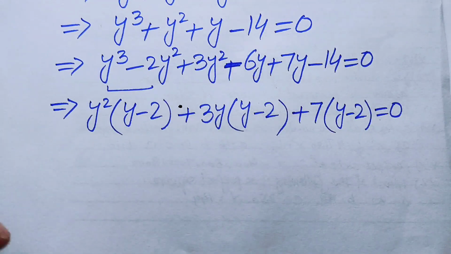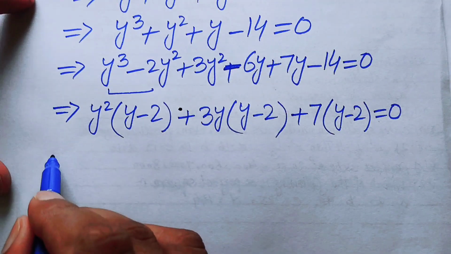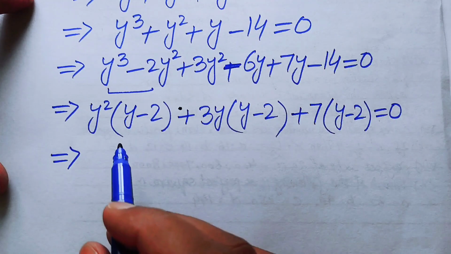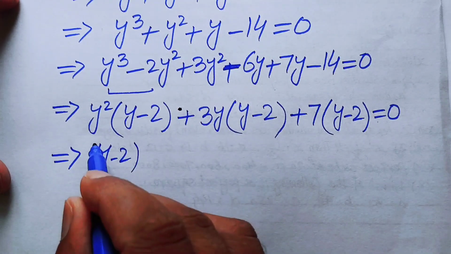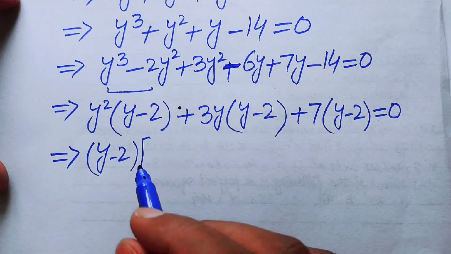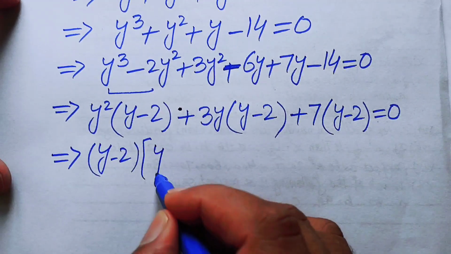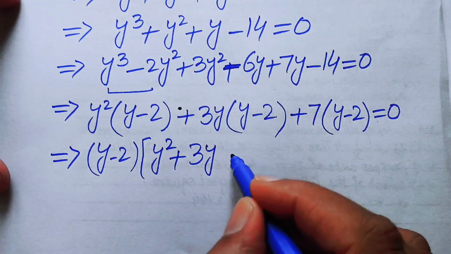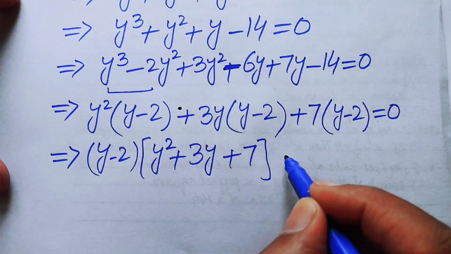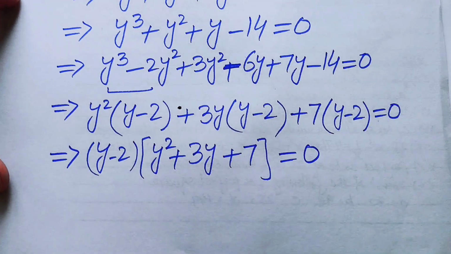Here you focus on all of the terms and you see that y minus 2 is the common term, so we will take common y minus 2 here, and the remaining terms become y squared plus 3y plus 7 is equal to 0.